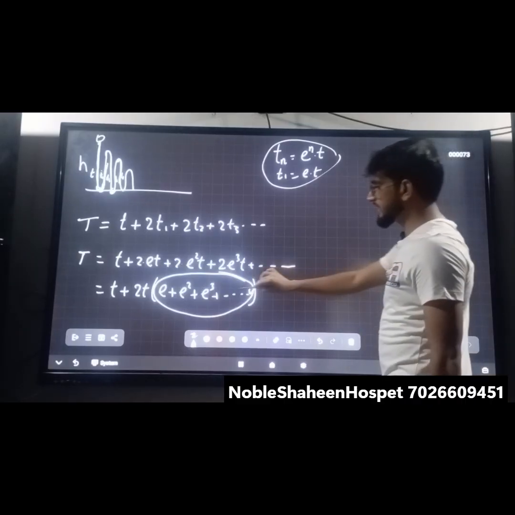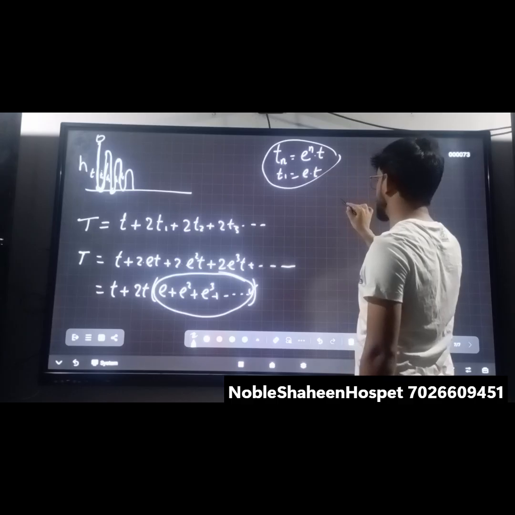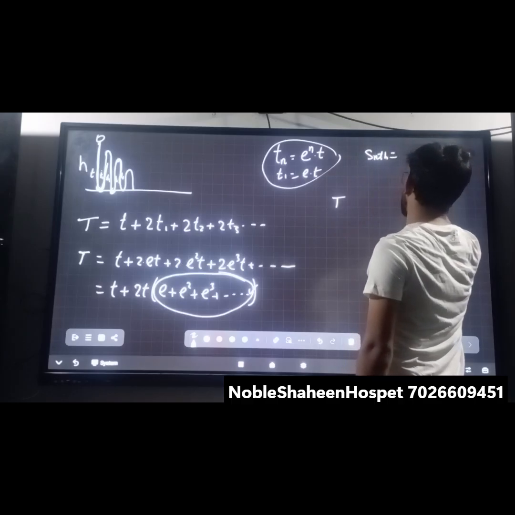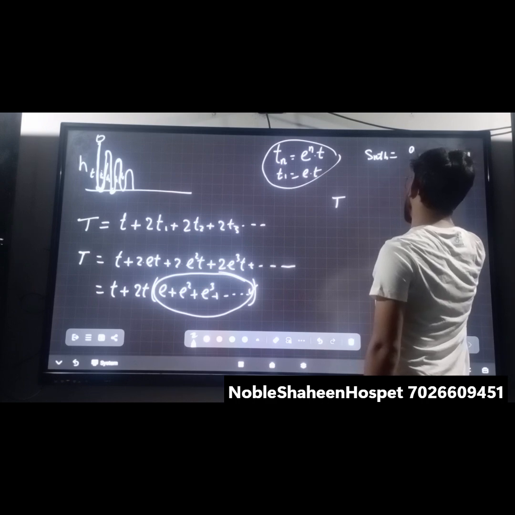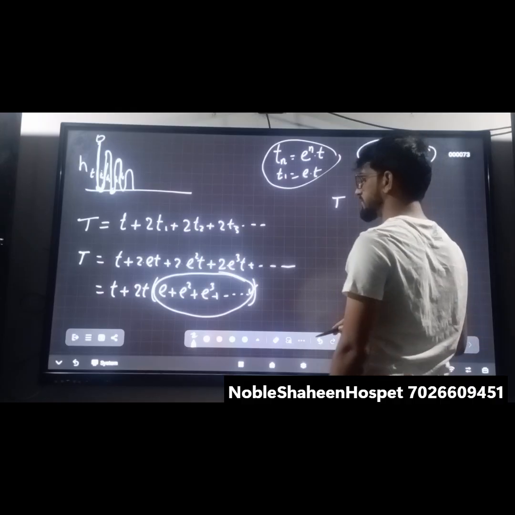So we know for the infinite geometric series we have the sum S is equal to first term a upon 1 minus r.